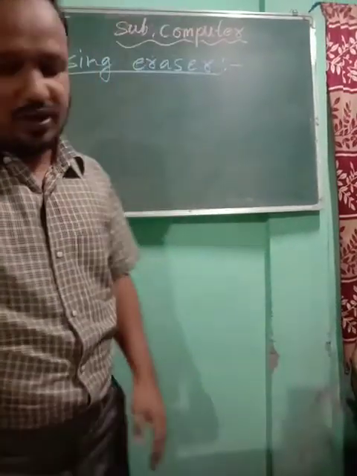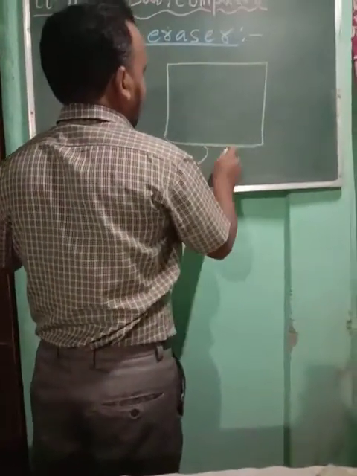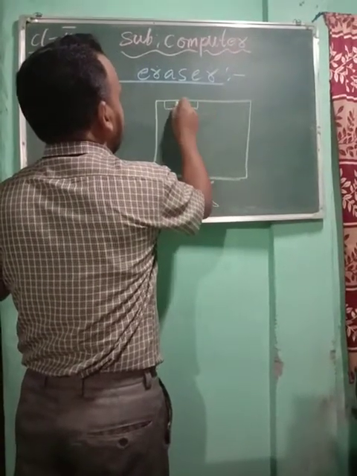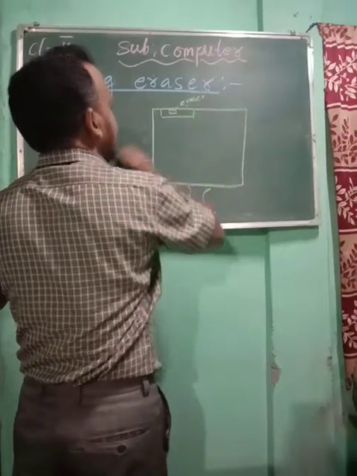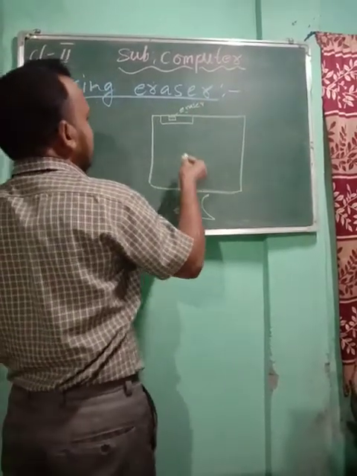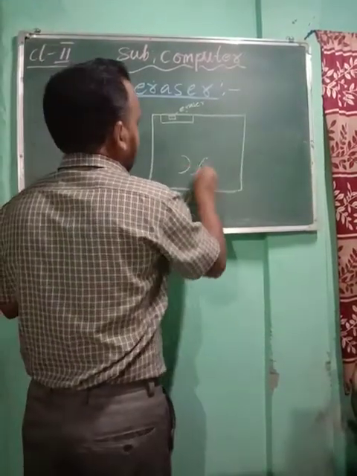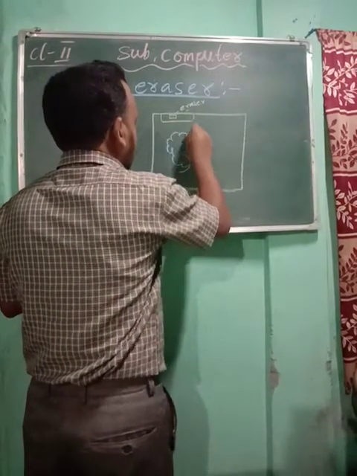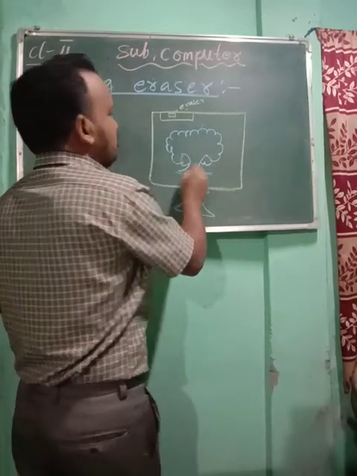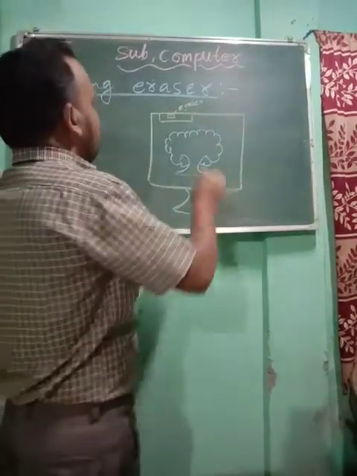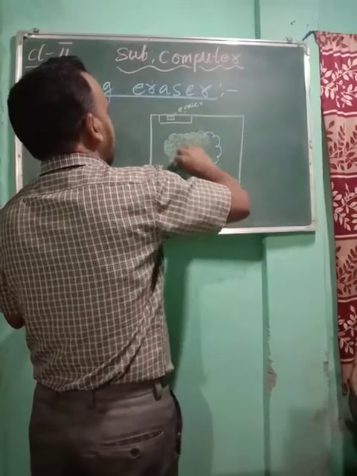For example, children, please look at the blackboard. Suppose this is your computer, and here is your tool group. Suppose the eraser is here. Now suppose you have made a tree, and you have put color also.